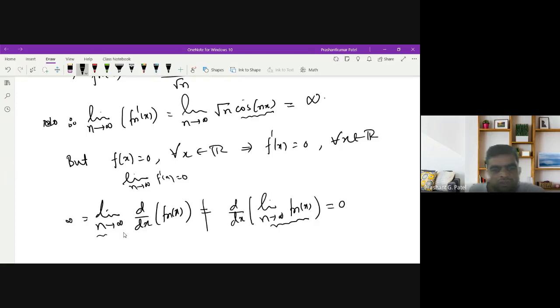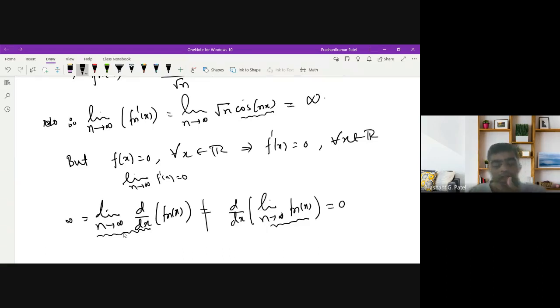So in general what we can say is that the limit and the differentiation cannot be interchanged even though the convergence is uniform. Under uniform convergence also we cannot interchange the limit and the differentiation sign.